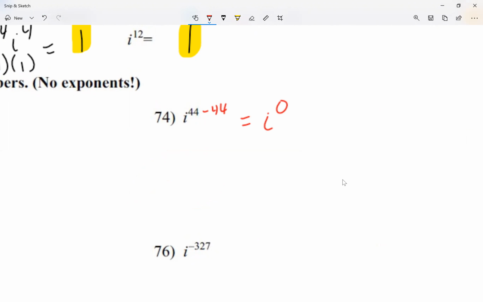Seems like I subtracted a little too much, so let me add 4 more. That gives me i to the 4th. So instead of subtracting 44 to begin with, I should have subtracted 40. According to our list, i to the 4th simplifies to just 1.